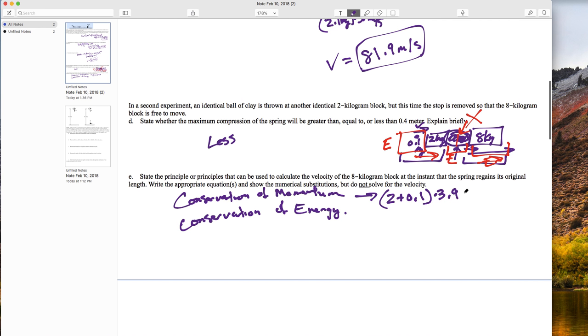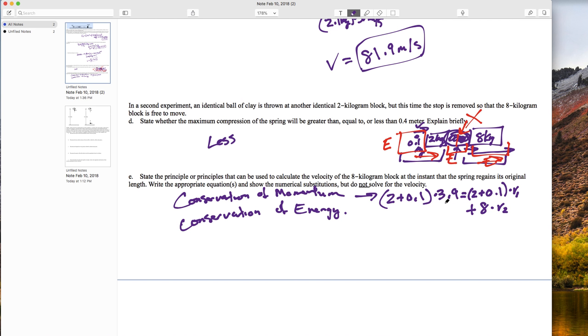So we have the M1, or the M of the block and clay, times V1, and then we'll add that to the mass of the 8 kilogram block times our V2.